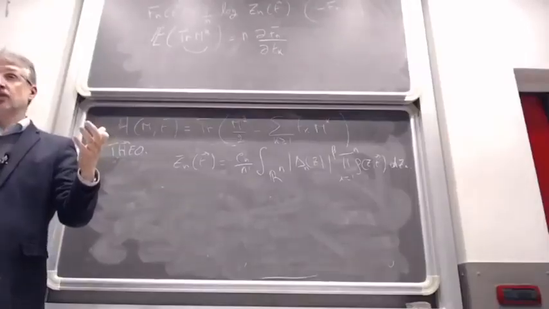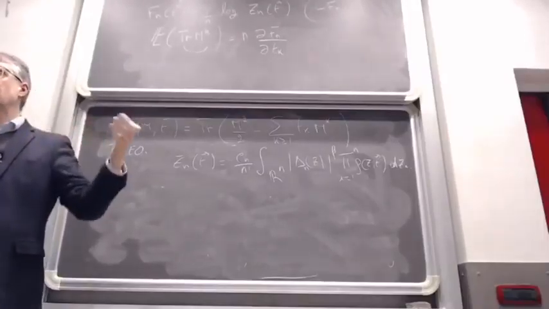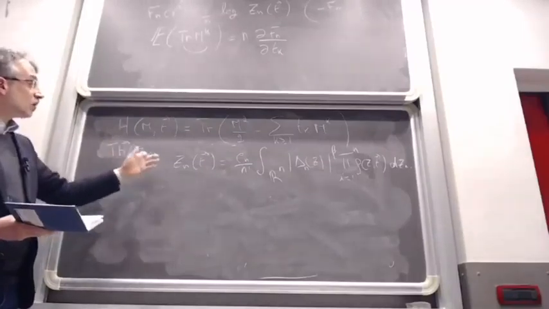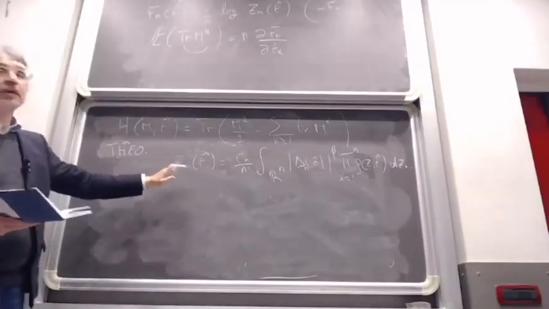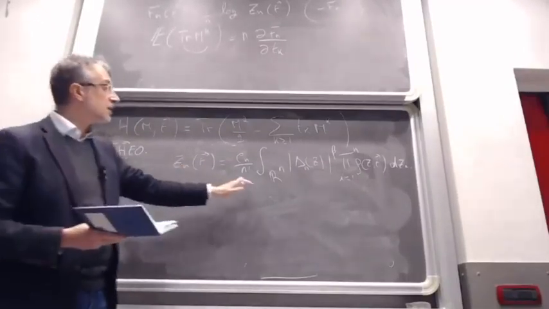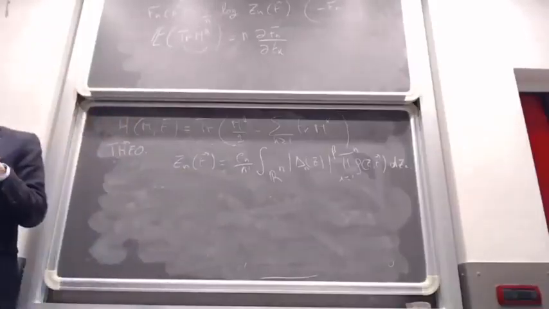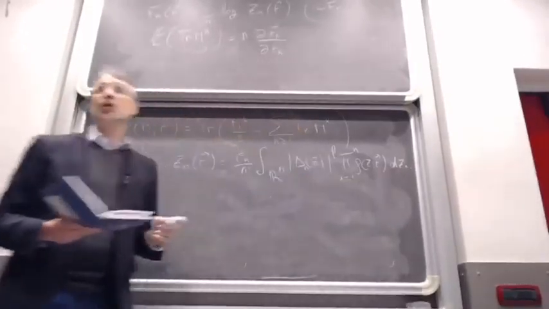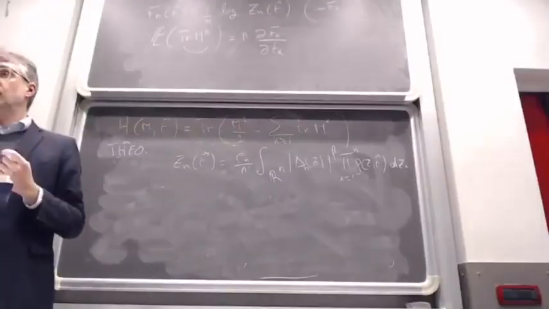So it's an n by n dimensional integral. And this result tells us that actually the partition function can be calculated as just an n-dimensional integral over the zi's, which are the eigenvalues of the Hermitian matrices.